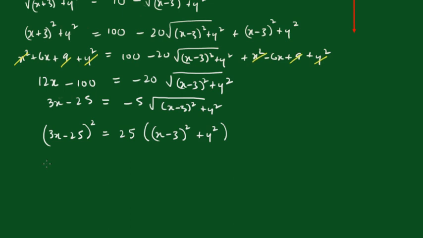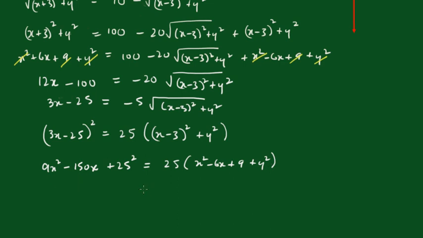Now this becomes 9x squared minus 150x plus whatever 25 squared is, equals 25 outside of x squared minus 6x plus 9 plus y squared.